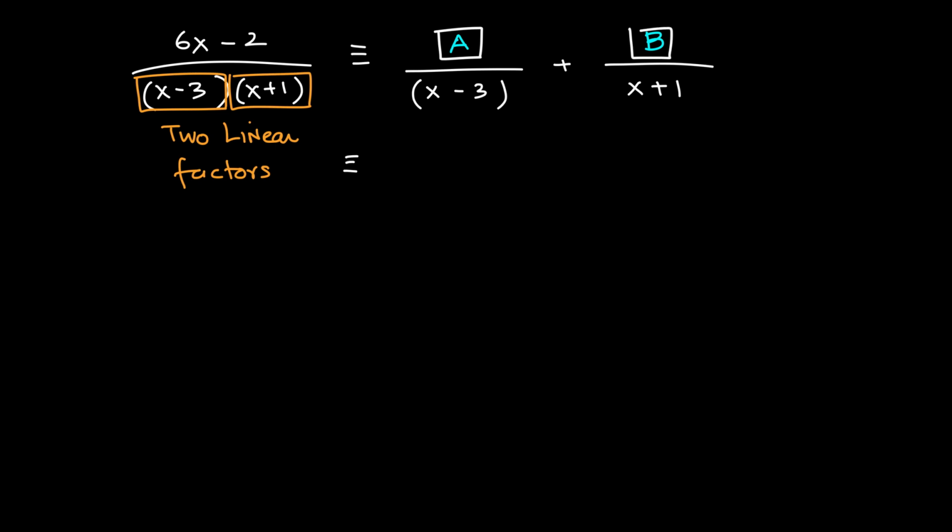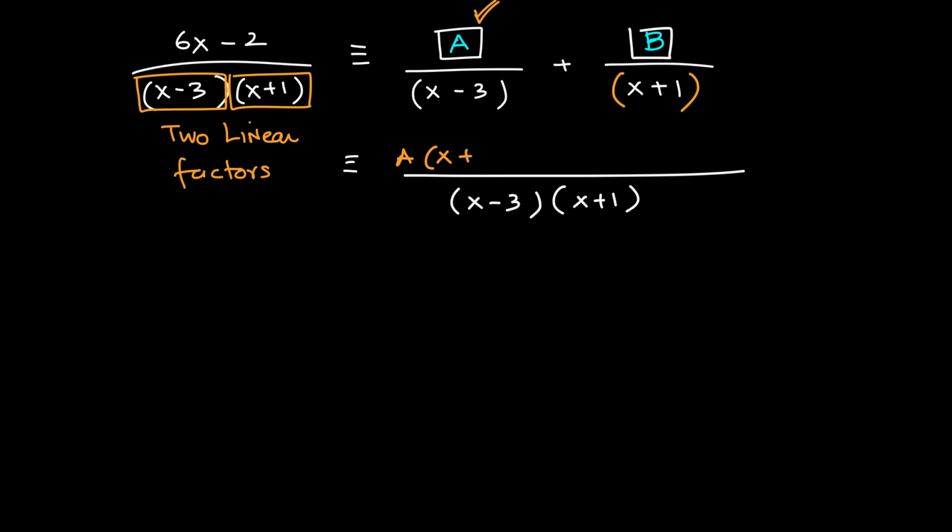How should the question be solved? Take the LCM on the right hand side: (x - 3)(x + 1). A will be multiplied with (x + 1). The plus sign is already there in the middle. And this B will be multiplied with (x - 3). Now both sides are identical.